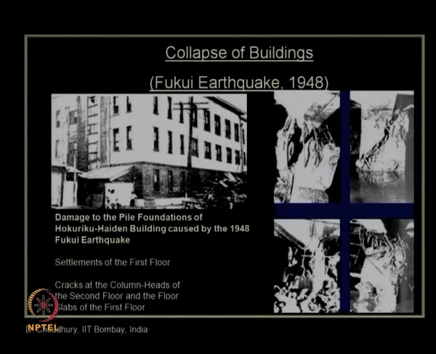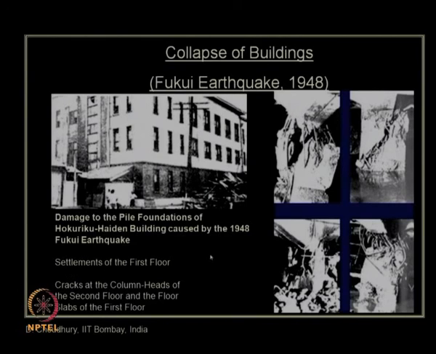Some other pictures of the Fukui earthquake building collapse in 1948: damage to the pile foundations of the Hokuriku Hayden building caused by this earthquake. You can see the damage of the piles, the shear cracks, the severe damage of these pile foundations.